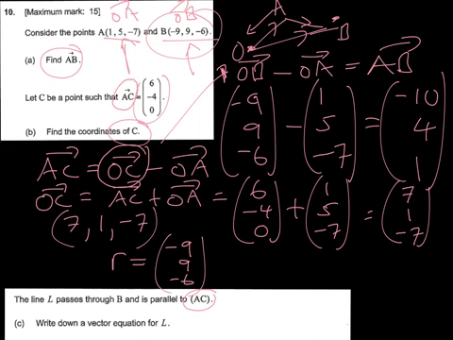And then if it's parallel to AC, there is going to be some component in the same direction, or the opposite direction if it was negative, so that would be t times 6, negative 4, 0, which is parallel because it's parallel to AC. So that's going to be our vector equation.